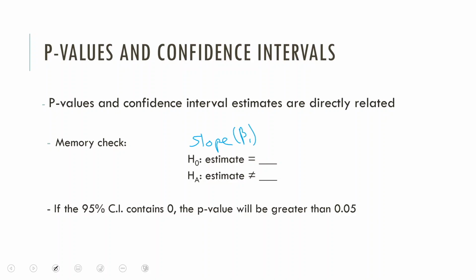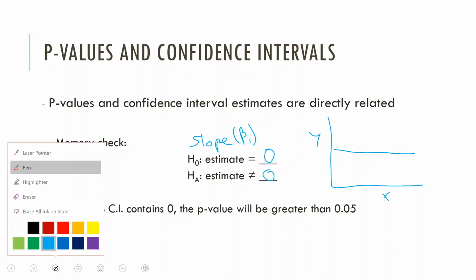And so our null hypothesis, kind of going back to intro stat, for the slope estimate, is that it equals 0, right? So that there is no relationship between x and y. As x increases, nothing happens to y. And then our alternative hypothesis is that the slope is not 0.